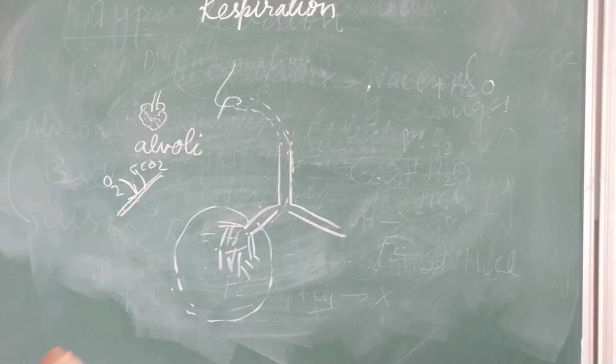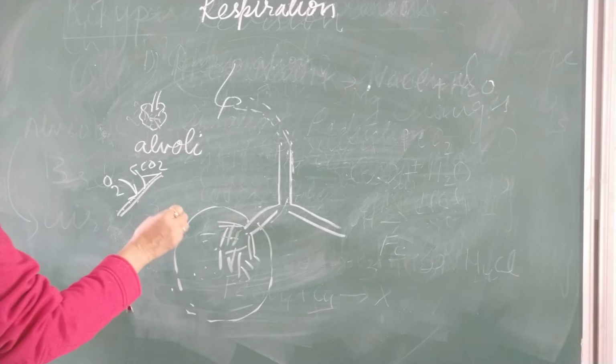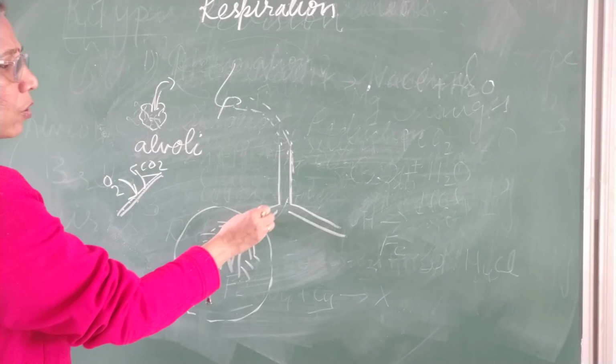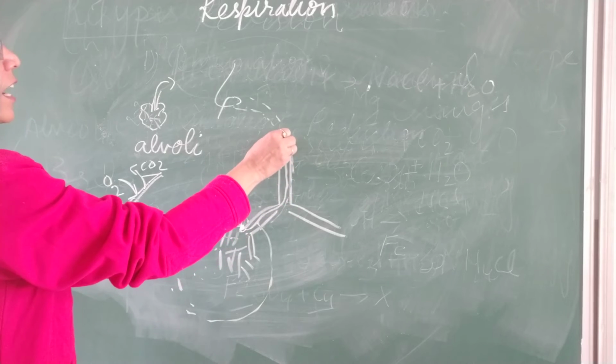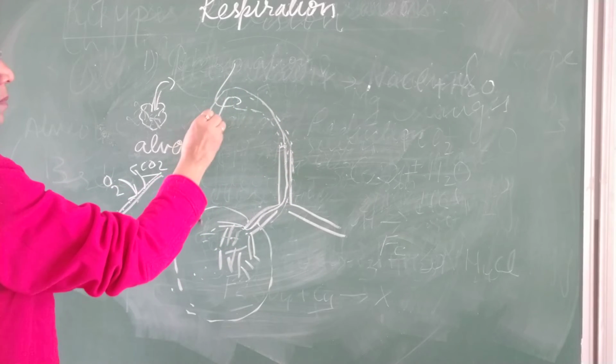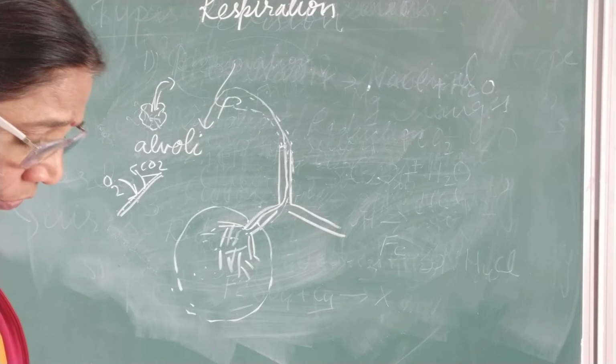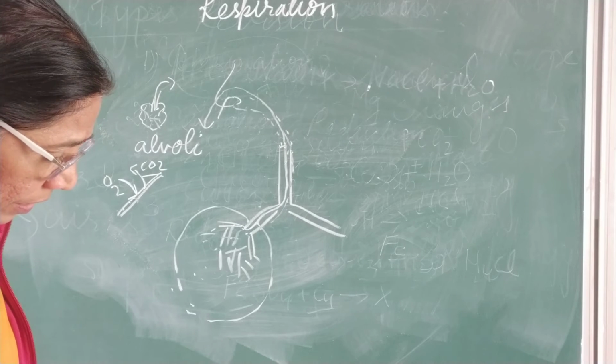This way purification of blood takes place in the lungs, and carbon dioxide rich air comes out through the bronchioles, bronchi, trachea and nasal passage, and then out through the nostril. So this way air enters.